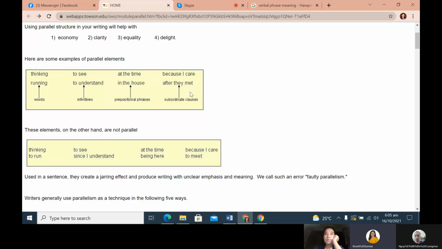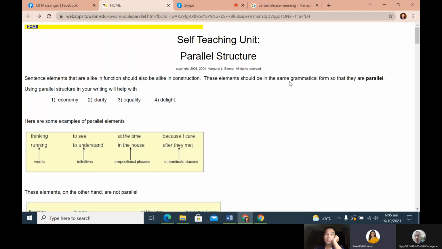Okay, now look at this one. This is what I mean when I say parallel. When we say parallel, they are the same in form. They are the same in construction.